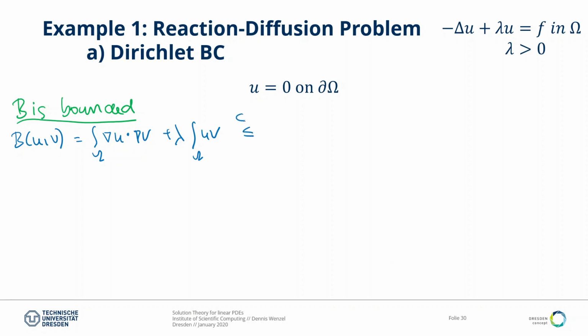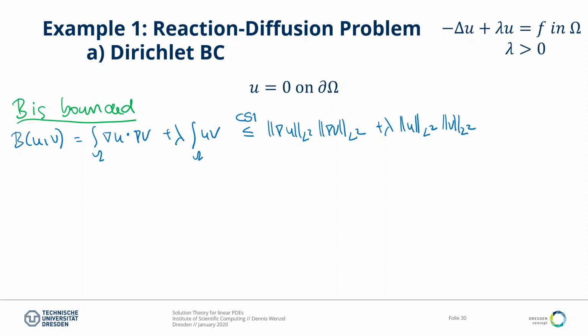Meaning that if we use the Cauchy-Schwarz inequality, CSI, that's kind of a fancy abbreviation, this gives us the norm of the gradient of u in L2 times the norm of the gradient of v in L2, plus lambda times the norm of u in L2 and the norm of v in L2.